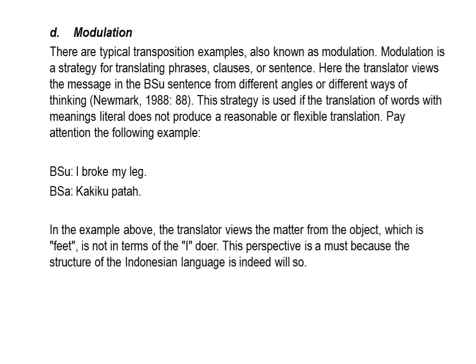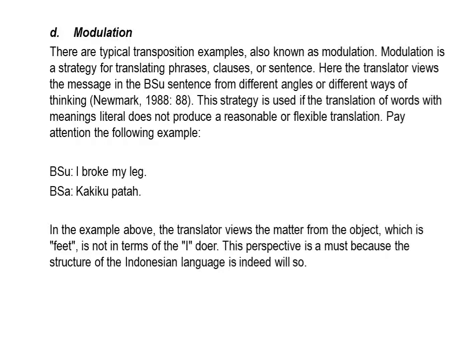D. Modulation. There are typical transposition examples also known as modulation. Modulation is a strategy for translating a phrase, clause, or sentence. Here the translator views the message in the sentence from a different angle or different way of thinking, Newmark, 1988. This strategy is used if the translation of a word with literal meaning does not produce a reasonable or flexible translation.